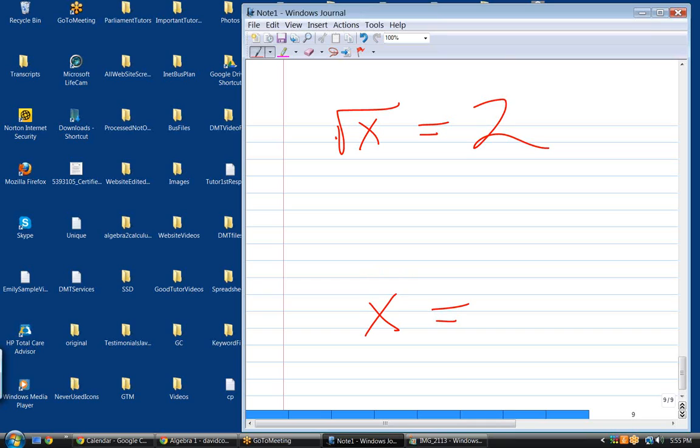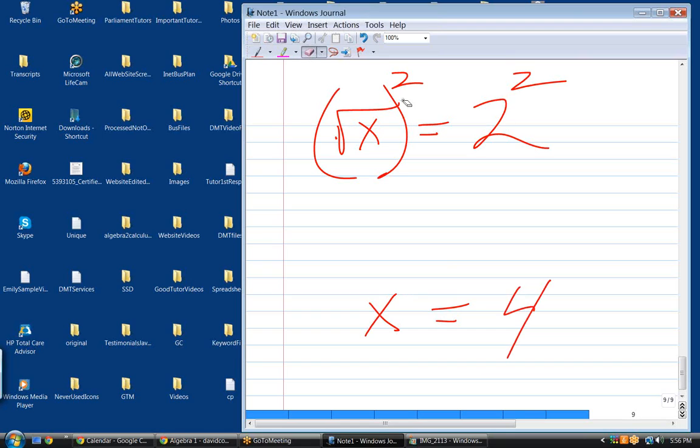How do I make the left side look like x? Let's square both sides. If you square something that has the square root of x, it becomes x. If I square the left, I have to square the right. So I have x on the left, and on the right is 4.